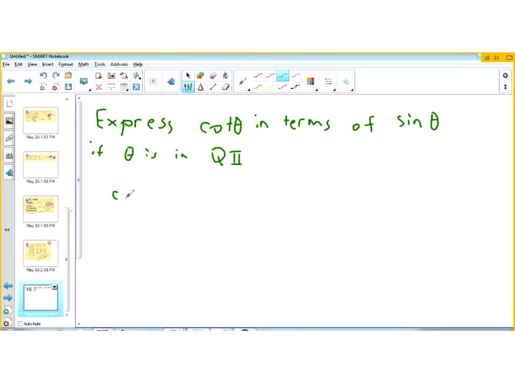Okay, so cotangent theta is equal to cosine of theta divided by sine of theta.